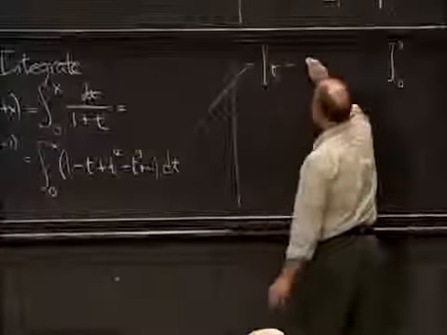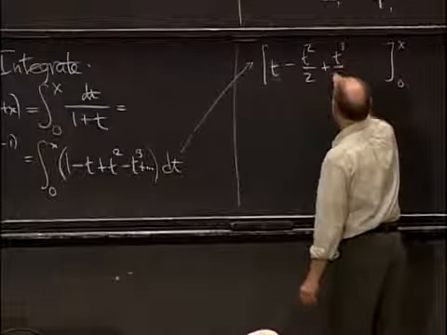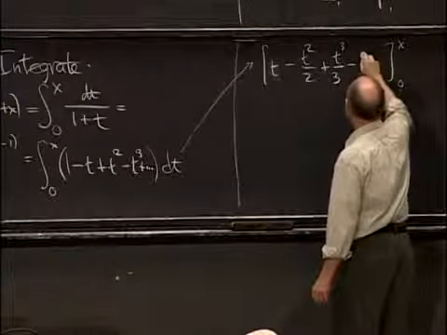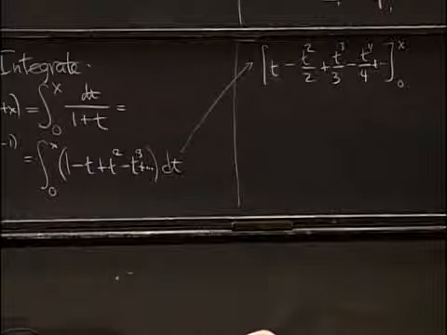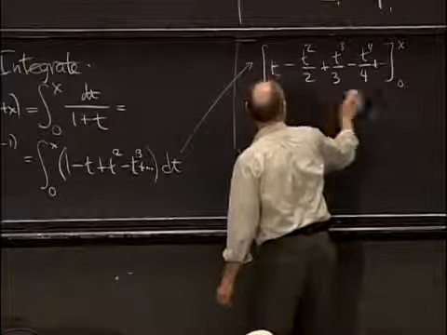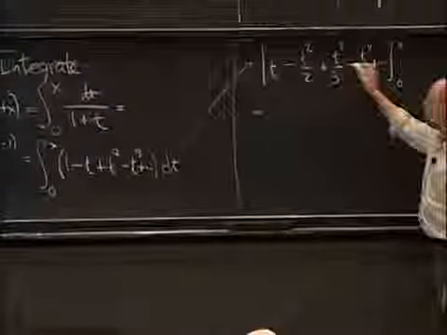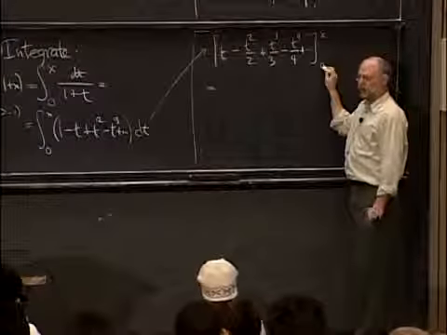When I integrate t, I get t squared over 2. t squared gives me t cubed over 3. And so on and so on. And then when I put in t equals x, well, I just replace all the t's by x's. And when I put in t equals 0, I get 0.